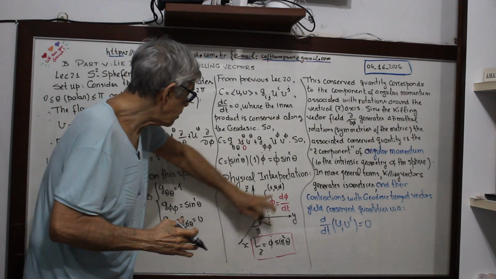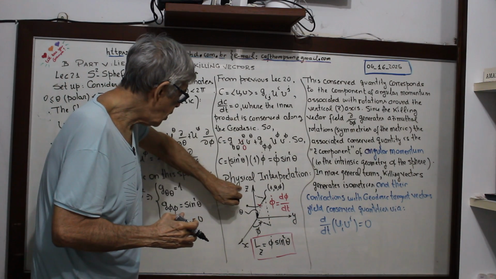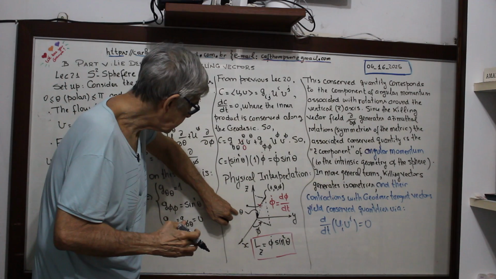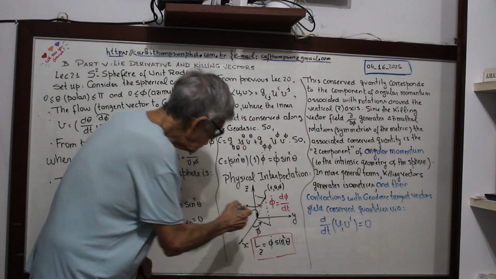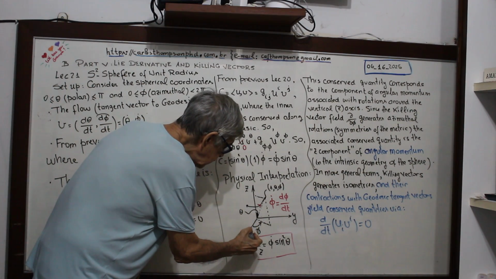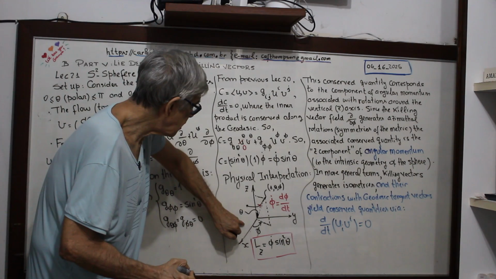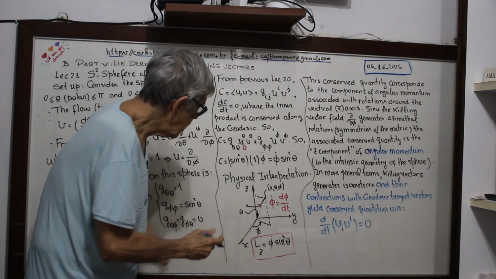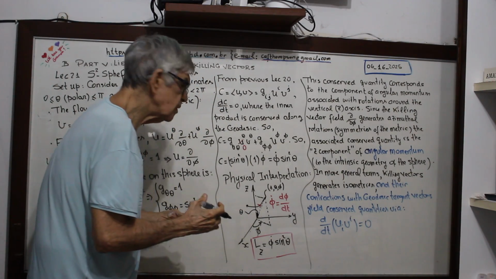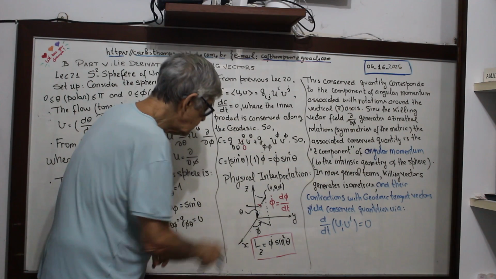Now, the physical interpretation of this relation. So you have the z-axis. This is theta, the polar coordinate, and phi is the azimuthal coordinate. This phi dot here is the rotation, for some theta, around the z-axis.